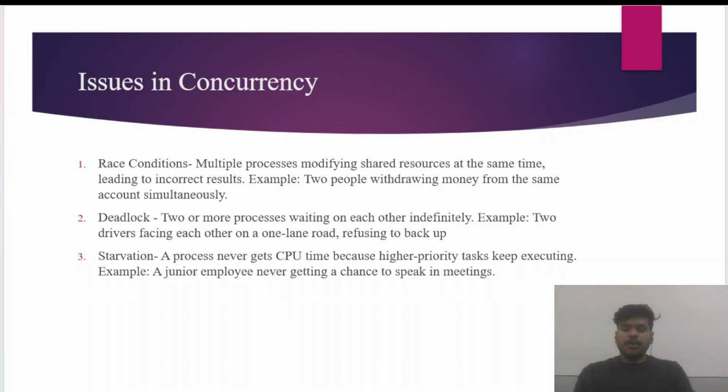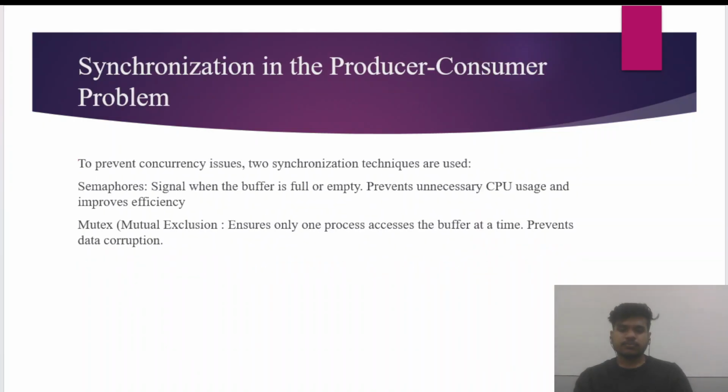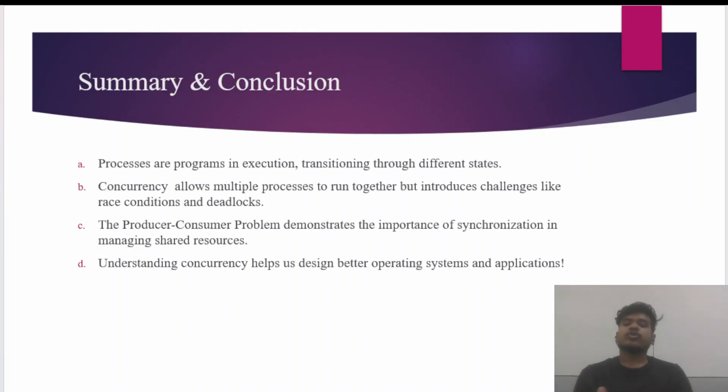Today we have learned about processes, which are programs in execution, moving through different states, then concurrency, which allows multiple processes to run together but introduces issues like race conditions, deadlock, and starvation.